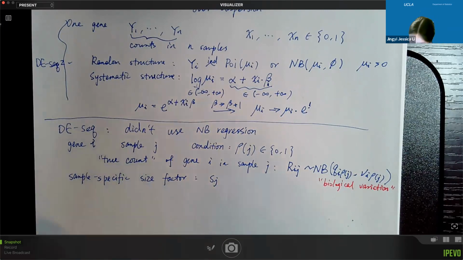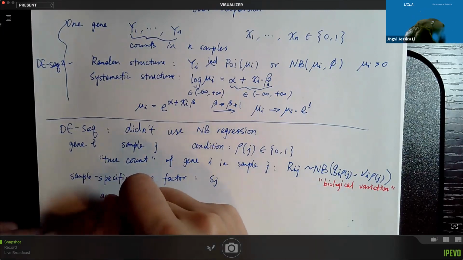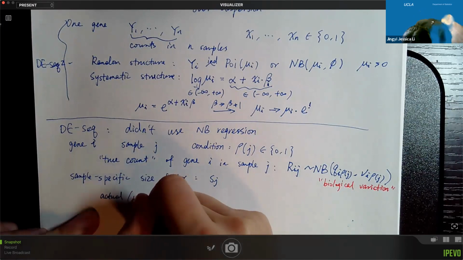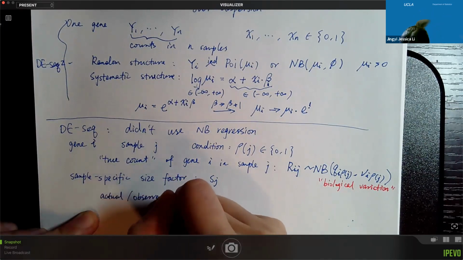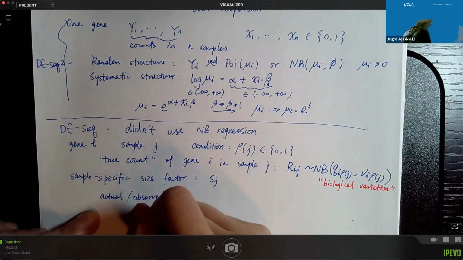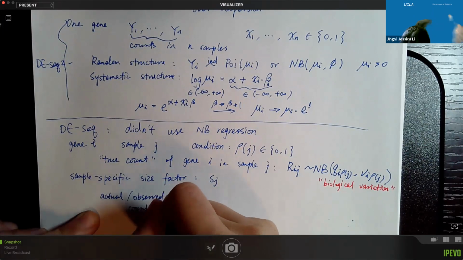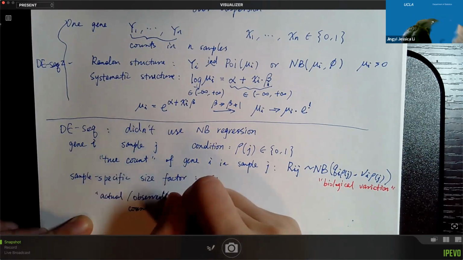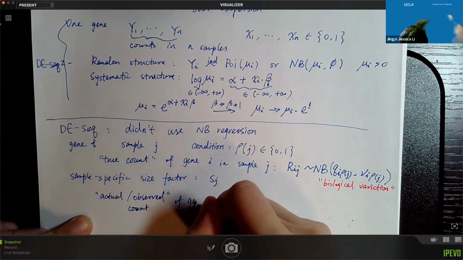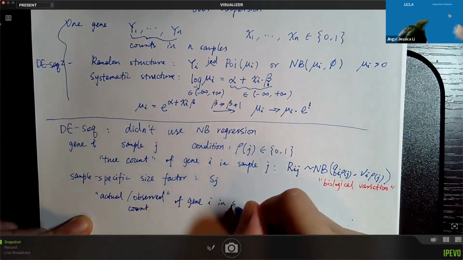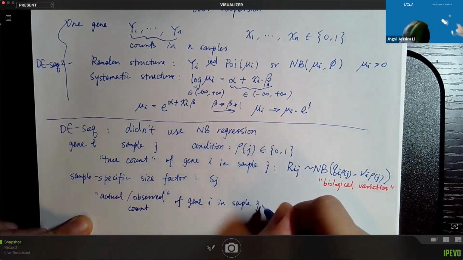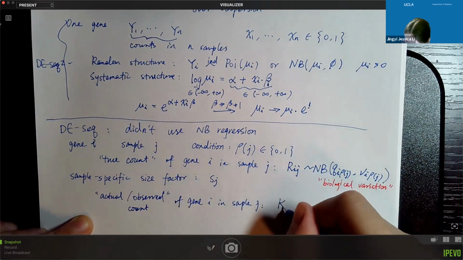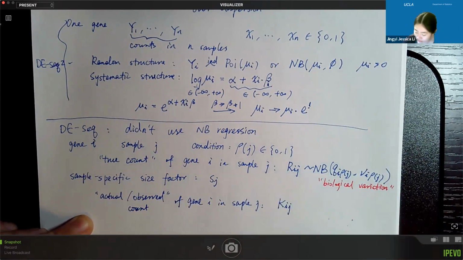So therefore, the actual or observed count of gene i in sample j, we call that K_ij. That's the thing we can observe.